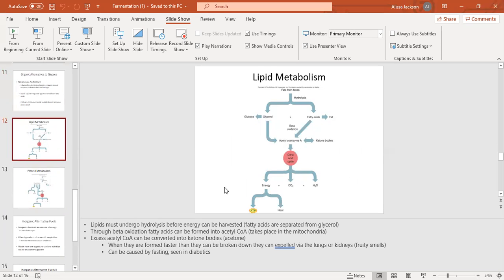Lipid metabolism, beta oxidation, right? So you generate a bunch of acetyl-CoA that can go into the citric acid cycle, right? But you separate your fatty acids from glycerol through beta oxidation, and it's formed into acetyl-CoA. This takes place in the mitochondria.